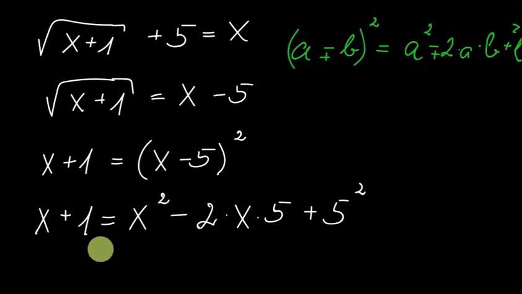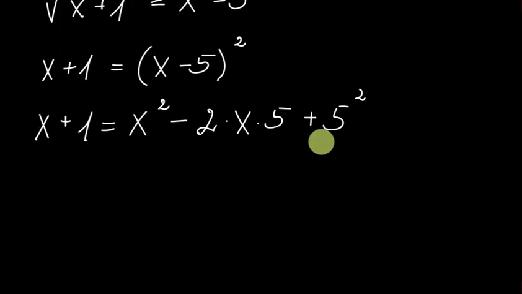So now we need to group our similar terms, and once we do that, this will give us minus 10x. So let's move everything to the right side.